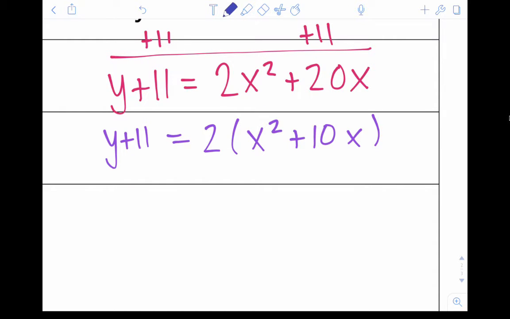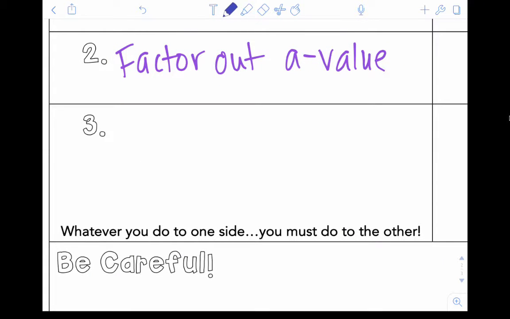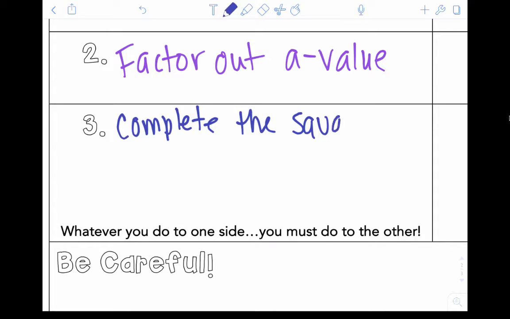Now the next thing I need to do is complete the square just like normal, but I'm going to complete the square just inside of the parentheses. So step number 3 is complete the square inside the parentheses.